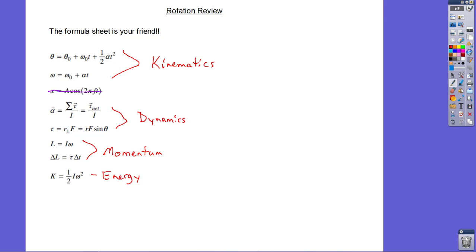A couple other relationships to remember is that when we're talking about rolling or things like that, the linear velocity is equal to the radius of the object times the angular velocity, and same thing for the linear acceleration, it is equal to the radius times the angular acceleration.